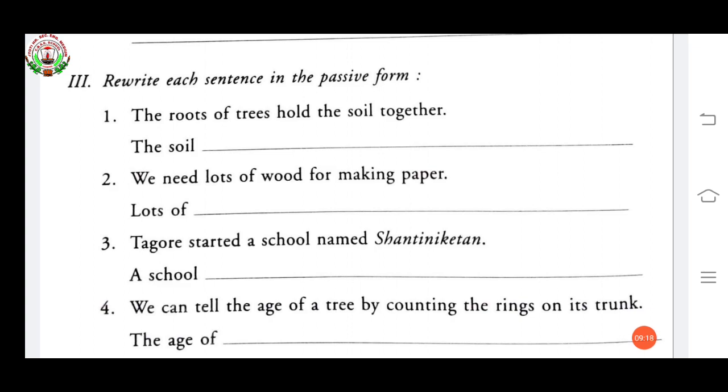In passive voice, you have to change it. Action comes first and after that we put the subject at the end with "by". Again I am repeating: in passive voice, we put the subject at the end of the sentence with "by". For example, in active voice we can say Ravi has painted the house.